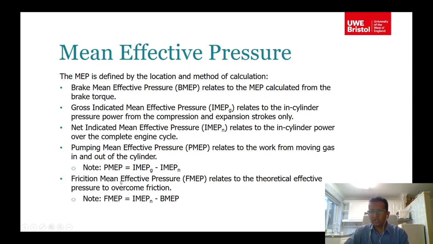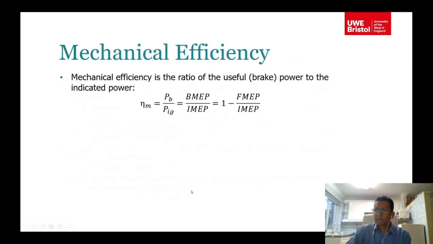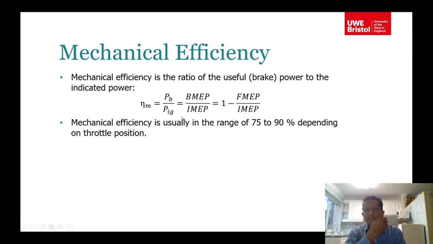So FMEP is equal to IMEP net minus BMEP. Okay. So mechanical efficiency is the ratio of the useful power to the indicated power. So BMEP over IMEP is your mechanical efficiency. And mechanical efficiency is usually in the range of between 75 to 90 percent depending on throttle position. Okay.